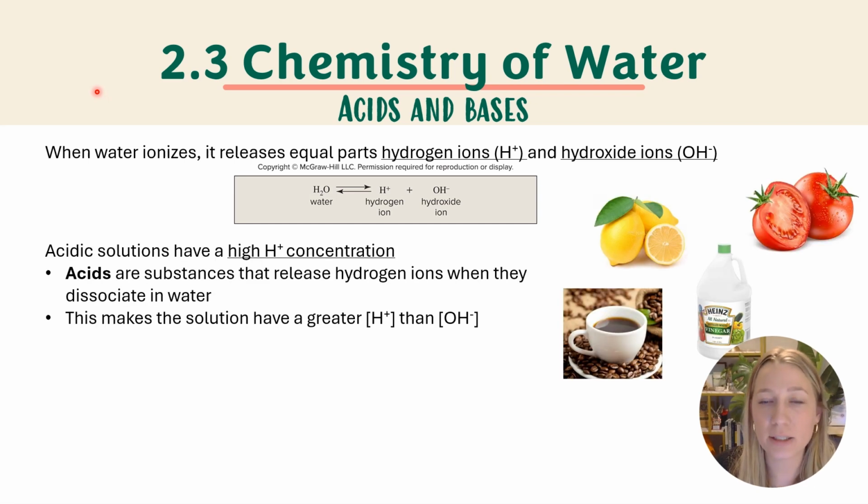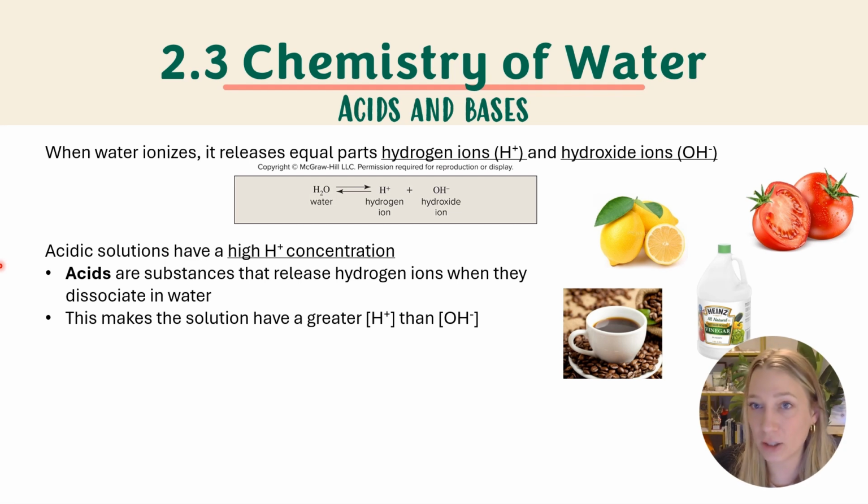So acids are substances that release hydrogen ions when they dissociate in water, and this means that a solution has a greater hydrogen ion concentration than hydroxide ion concentration, more H+, essentially. Acids have a sour taste and they can corrode metals.